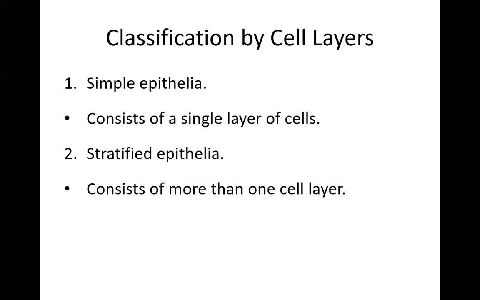These are stratified epithelium. So in simple epithelium, all of them are touching the basement membrane, like in an Uber or in a van, everybody has a seat. But in the bus, some people are sitting and some people are standing up, some on top of each other's head. That's the difference between stratified and simple epithelium.